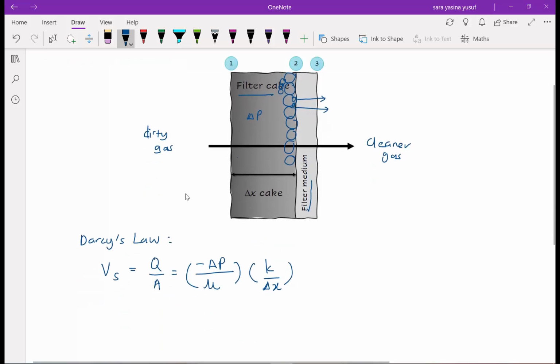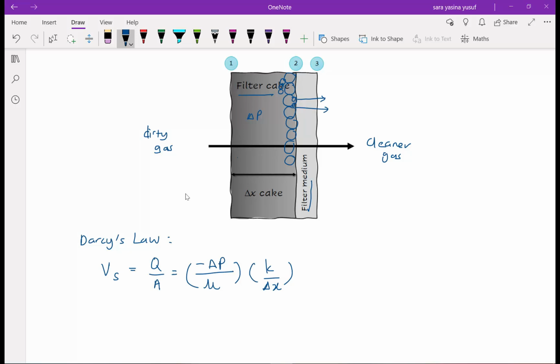So if we look here, since there are two boundaries or two layers, we have to do some analysis for both layers. Okay, meaning that the pressure drop for the filter cake will be done separately from the pressure drop through the filter medium.